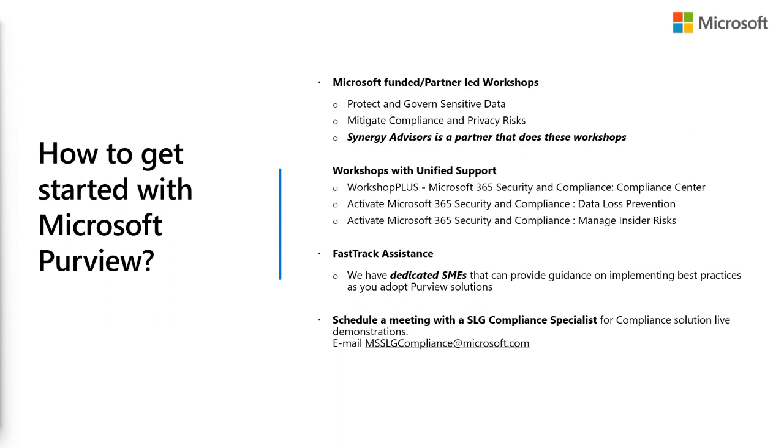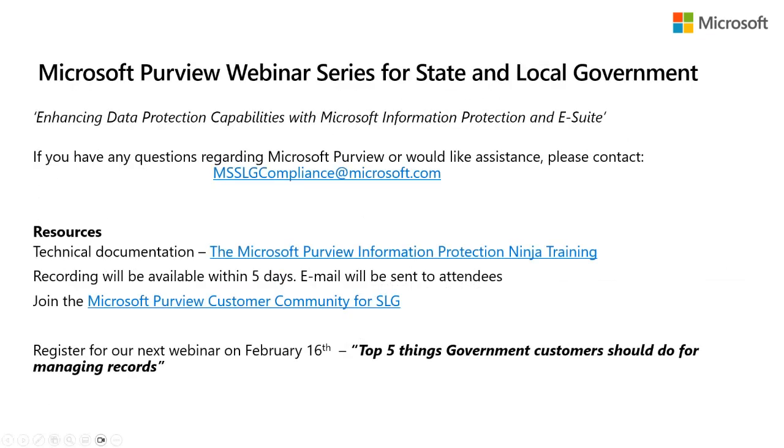Most importantly, if you have questions about our workshops, for example from Synergy Advisors, you can reach us at the MSSSLG compliance@microsoft.com alias, and regardless of where you are in the country, we'll field your request and direct you appropriately. So, Leo, that's what I've got.